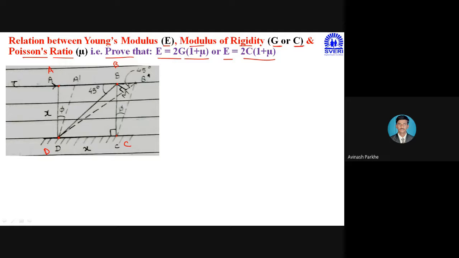Let us consider a block ABCD which is subjected to shear stress applied from the left side. You can see the shear stress is parallel to the cross-sectional area, at the top portion AB of this block. Always remember that tensile and compressive forces, which give direct and normal stresses, are perpendicular to the cross-sectional area.